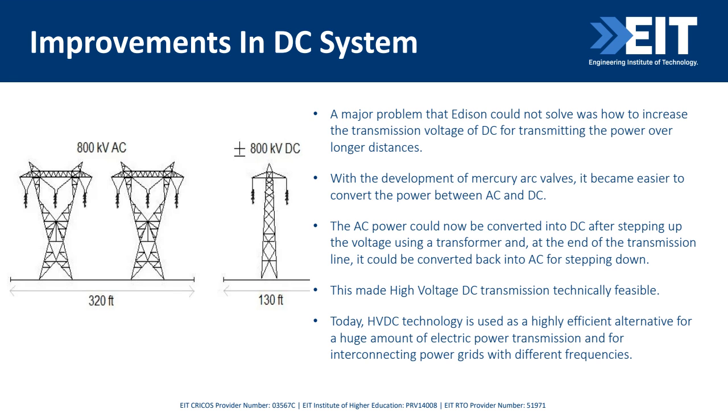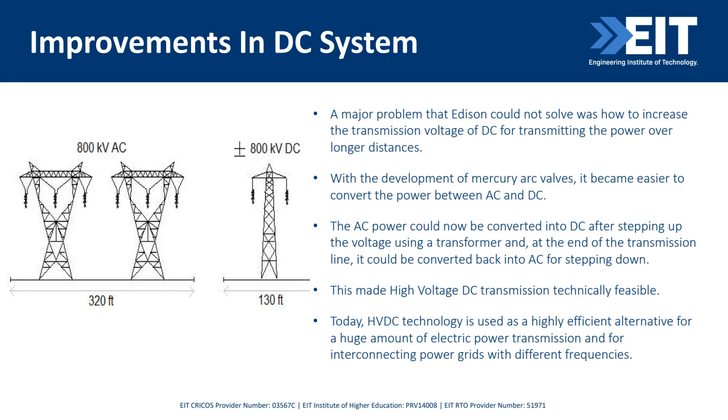The major problem that Edison could not solve was how to increase the transmission voltage of DC for transmitting power over longer distances.